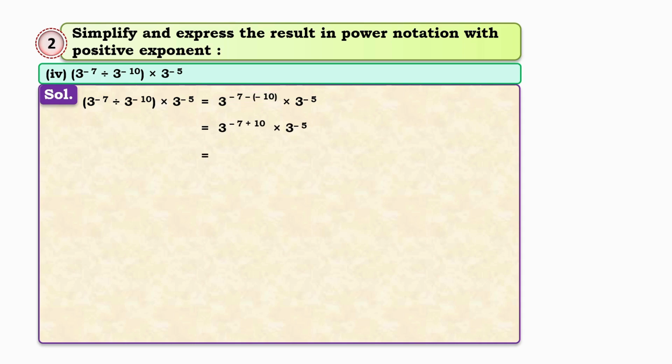So I am showing you step by step how to solve it. This is the process you should follow. Now we are going to apply a^m into a^n equals a^(m plus n). This law.